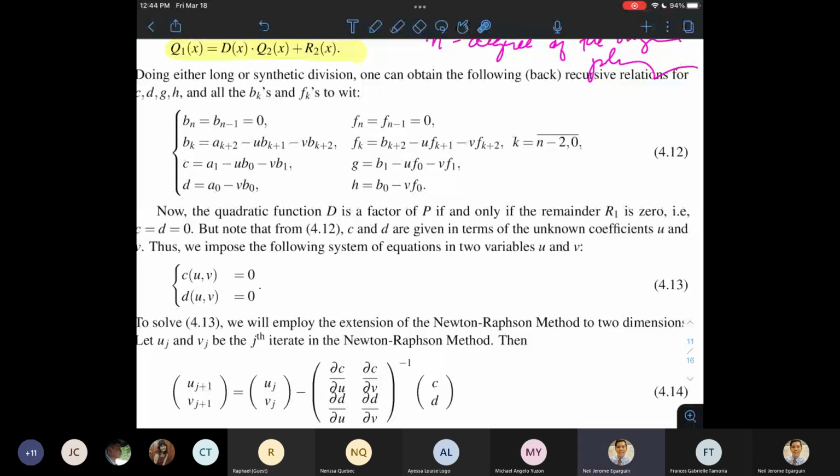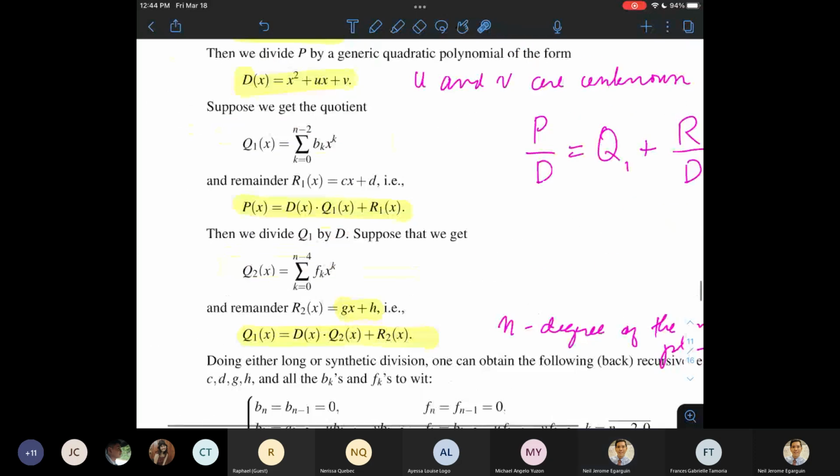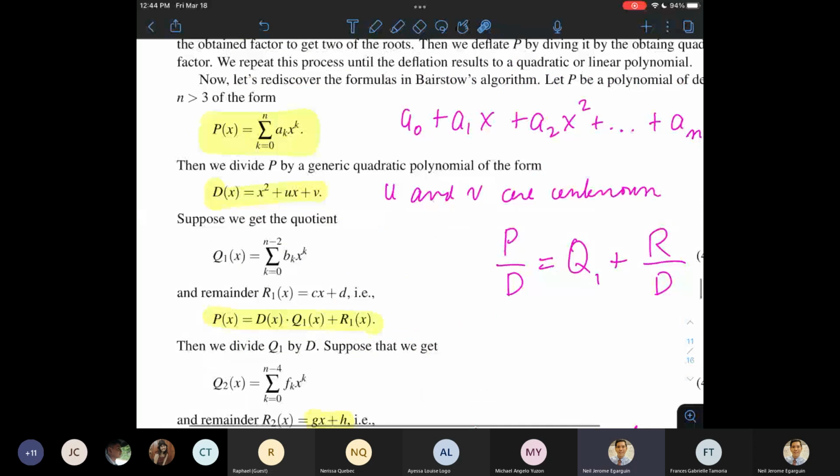Right? Pero we want u and v to be chosen in a nice way because remember, we want D to be a factor of the polynomial P. Right? So kailan ba magiging factor ni P si D?